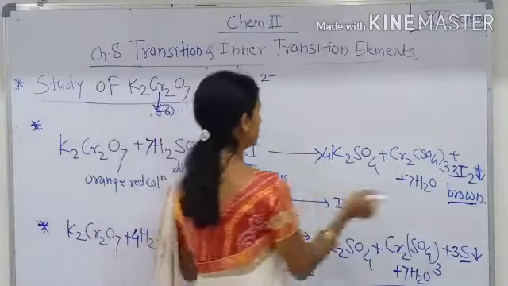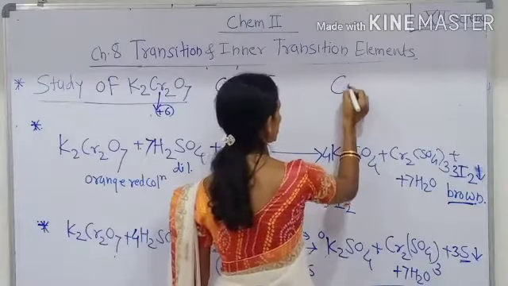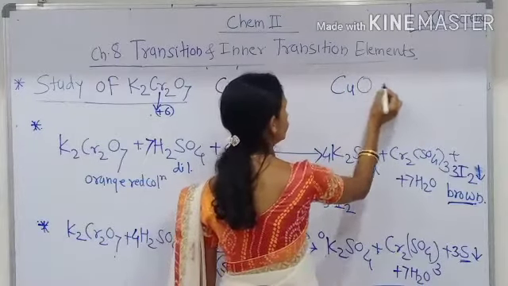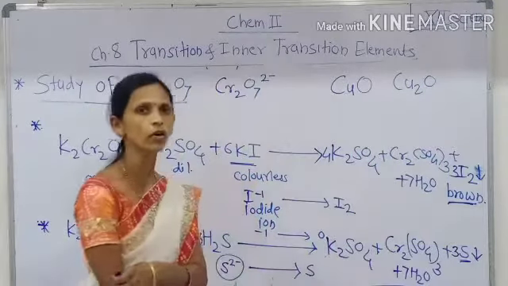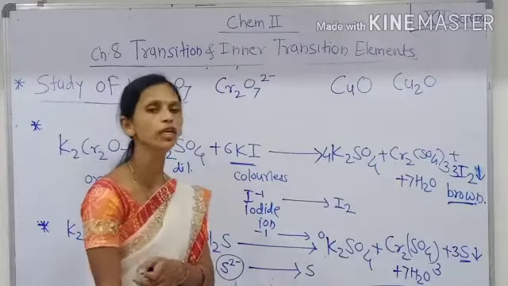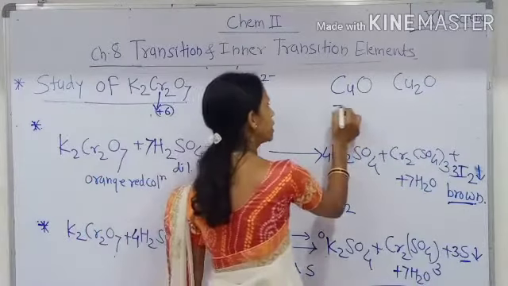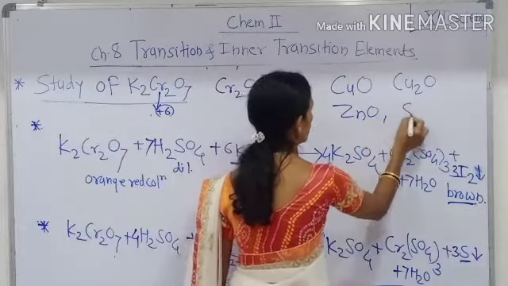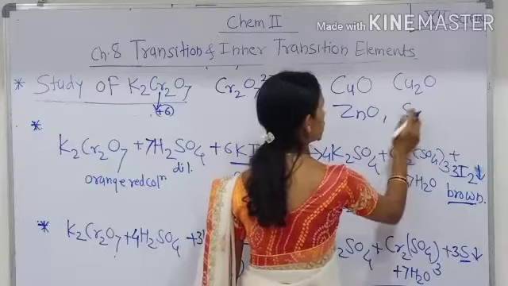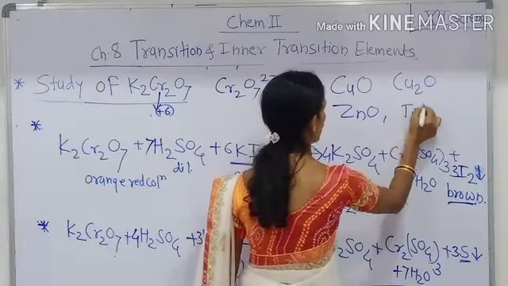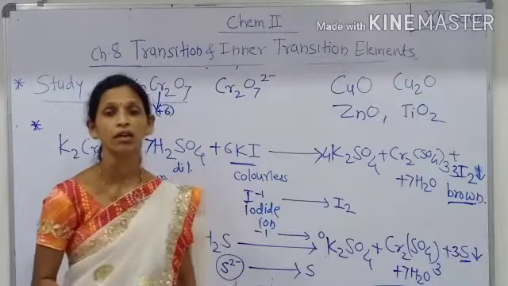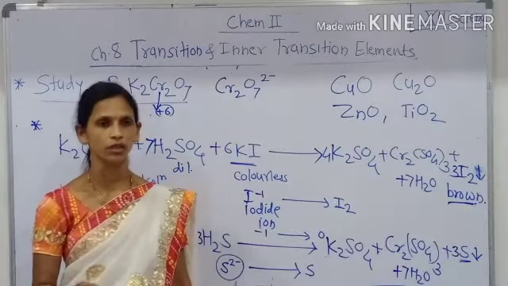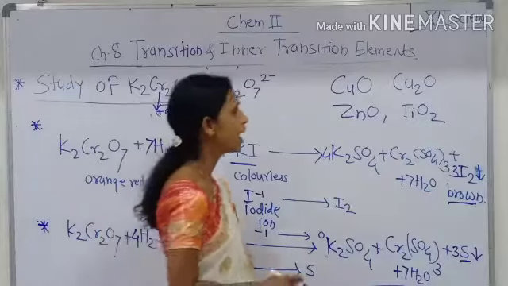For example, copper forms CuO or Cu2O, cupric oxide and cuprous oxide, which are insoluble in water, as well as zinc oxide, ZnO, and titanium oxide, TiO2. These types of oxides of transition metals are insoluble in water, and they also form hydroxides.